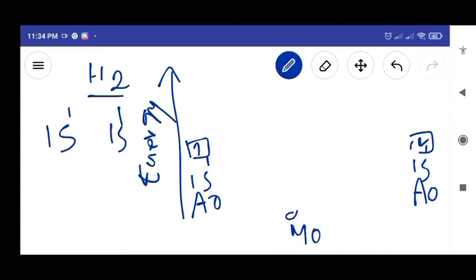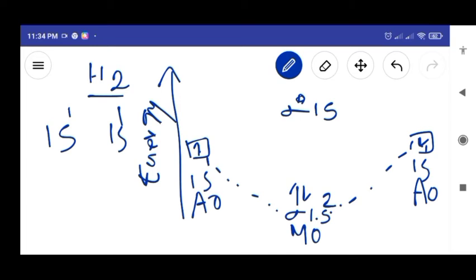We know the bonding molecular orbital has less energy compared to its atomic orbital. So sigma 1s is here, sigma star 1s is above. Like this we have to draw. One electron from here combines with one electron from here, so it is paired. So it became sigma 1s2.